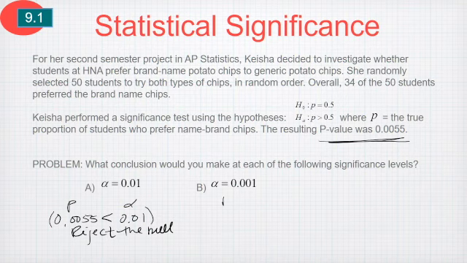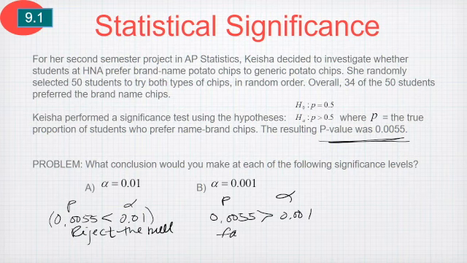Okay, same game over here. Same p-value, but now we have a different significance level. Here's our p, and our alpha is 0.001. In this case, p is higher than our alpha. So because p is higher than our alpha, we can't reject the null.